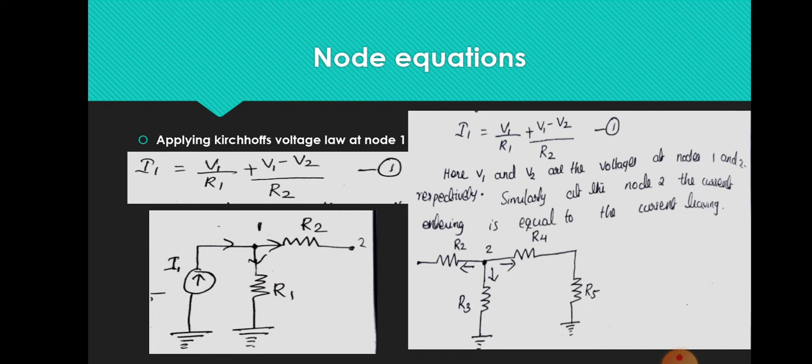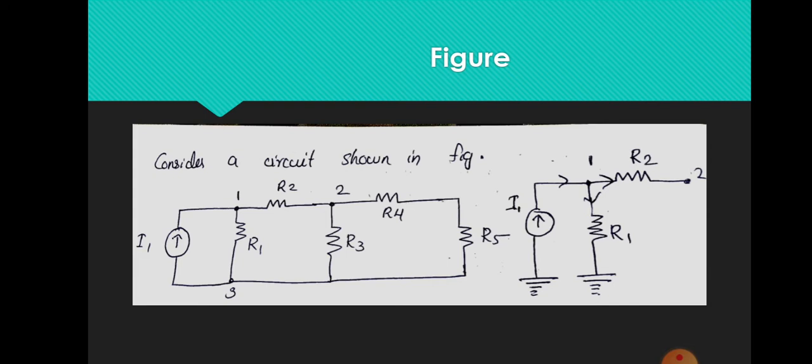Next we can go to node 2. In the circuit diagram, we know that the branches connecting to node 2 are R2, R3 and R4, R5.